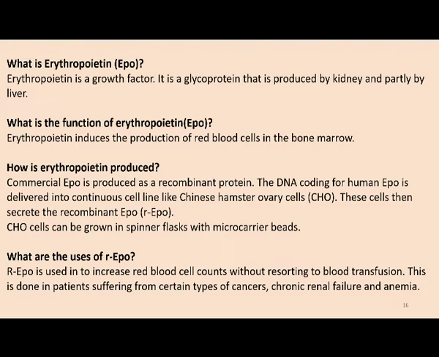This is a very good example to see how microbeads are actually used to produce recombinant proteins in industry. If you can recall, we had spoken about spinner flasks. Spinner flasks are used to generate human cells or animal cells in bulk.